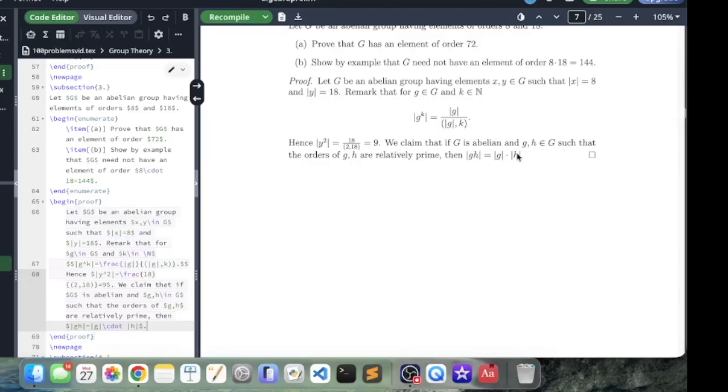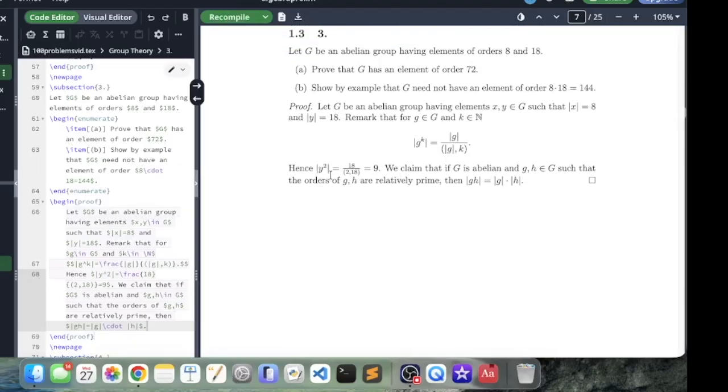This is particularly useful to this problem because we have an element of order 8 and an element of order 9. Hence the element x times y squared is going to have order 8 times 9, since 8 and 9 are relatively prime, which is 72, which is what we want to prove. So if we prove this claim and combine it with this fact, we have an element of order 72.